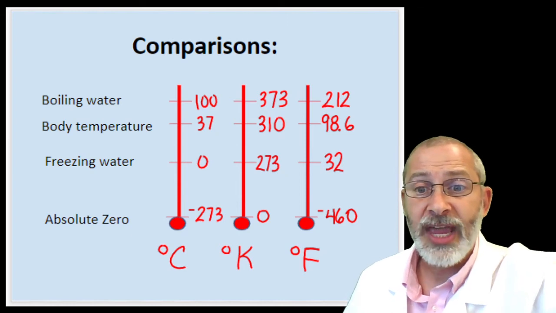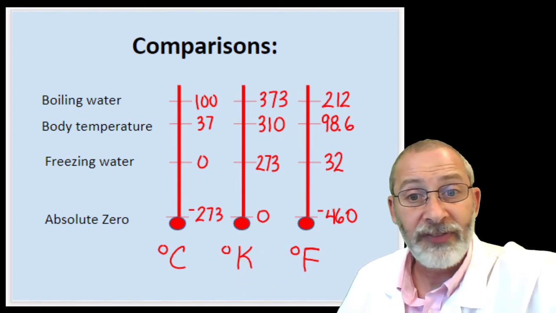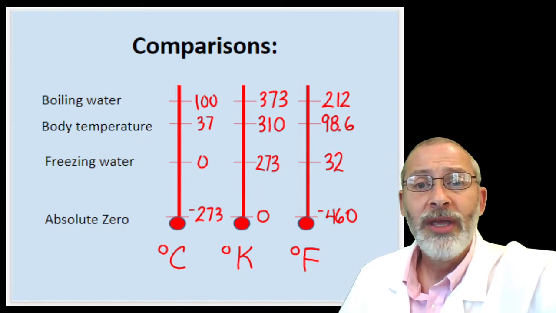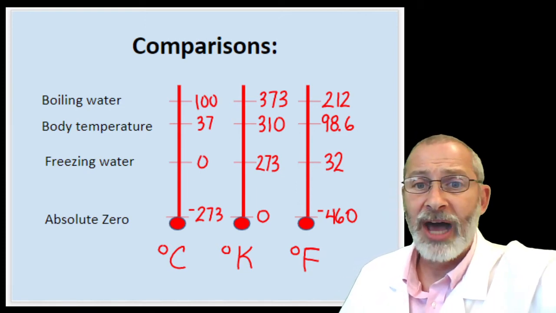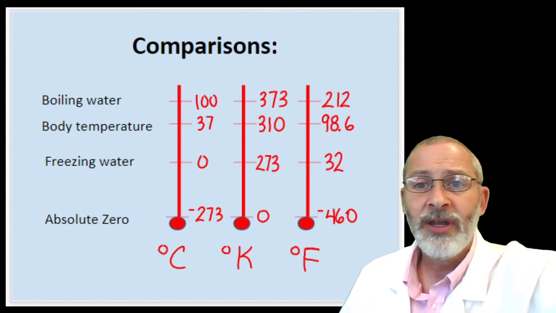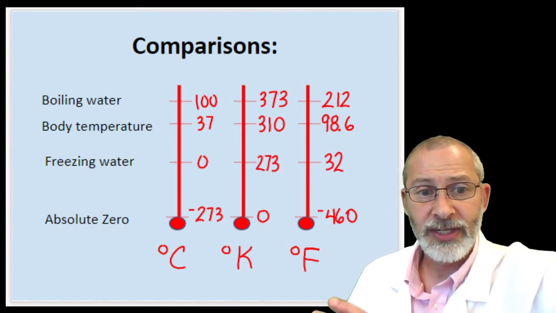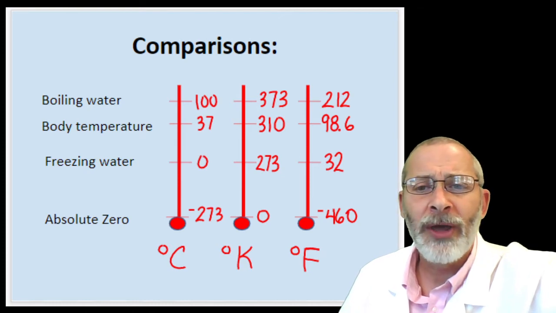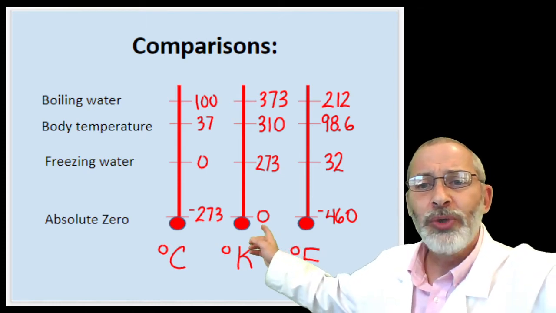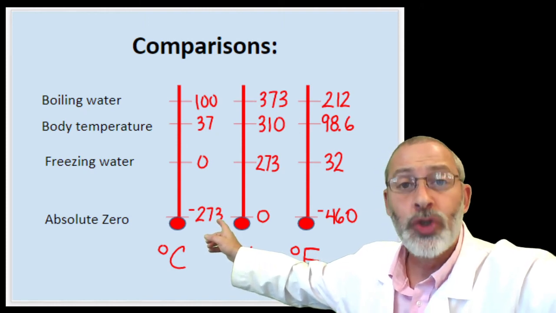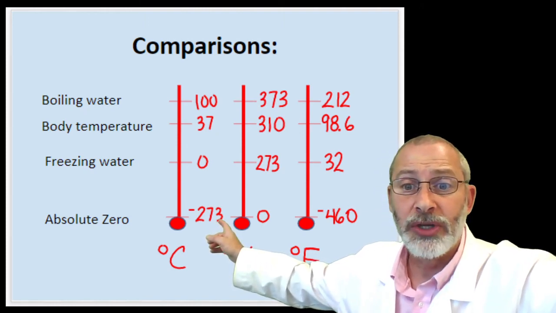And the Celsius scale is all the way over on the left-hand side here. And again, the boiling point of water is 100 degrees Celsius. Body temperature, 37. And the freezing point of water, 0 degrees Celsius. And I'm just rounding to the nearest whole number here. Absolute zero in the Celsius scale, we can just say 273 degrees below zero.